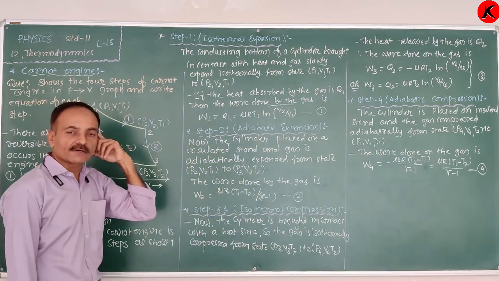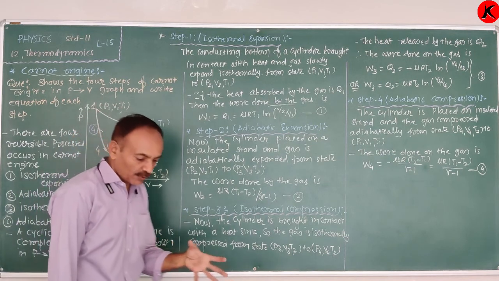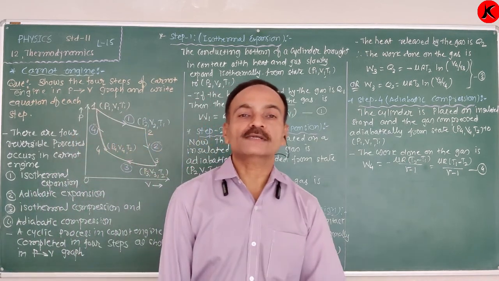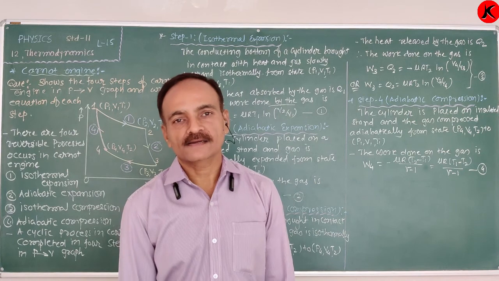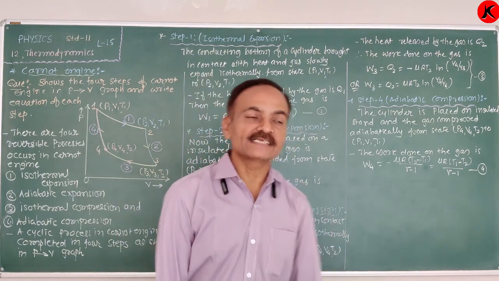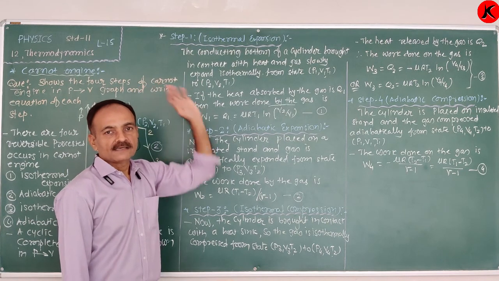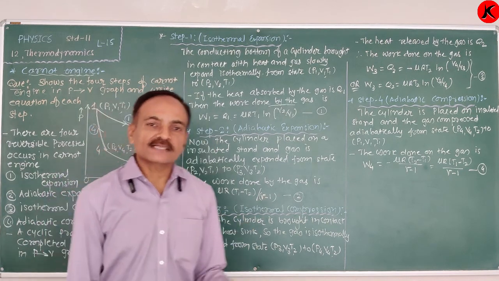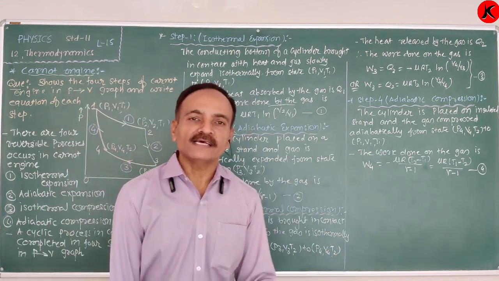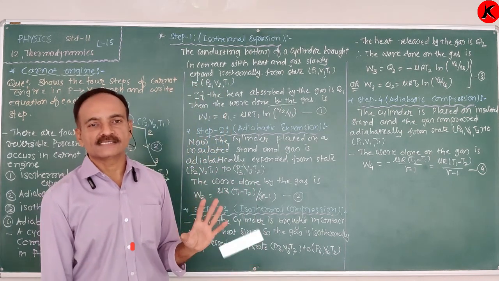Why here is W equal to Q? That means whatever heat is absorbed is totally converted into mechanical work. Here the temperature is constant because it is an isothermal process, therefore the internal energy of the system does not change.